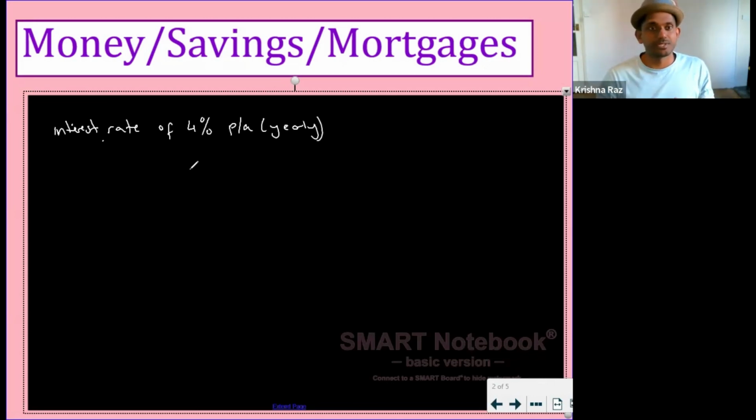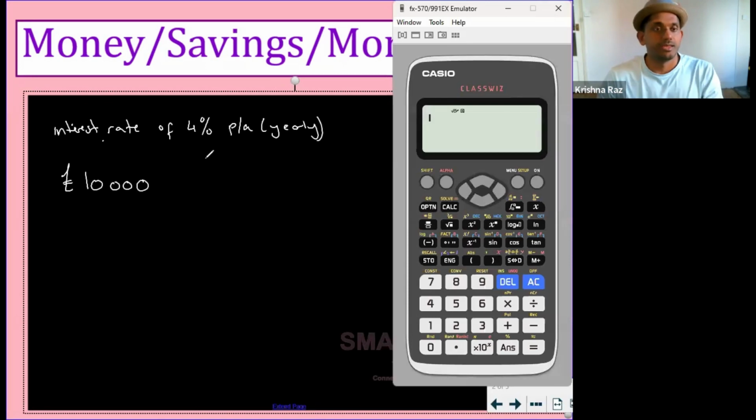What happens is you get interest upon the interest. So say we invest £10,000. How do I get my calculator up? There you go. To find 4% of that, we just need to times by 0.04.